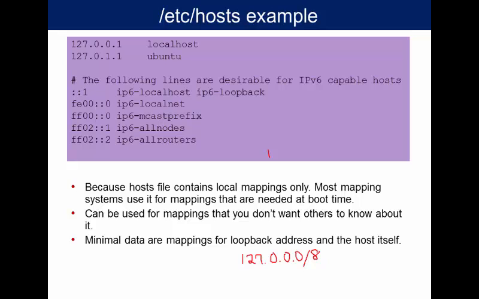This is the loopback host address, loopback address, which means we might have any address within 127.0.0.0 to 127.255.255.255.